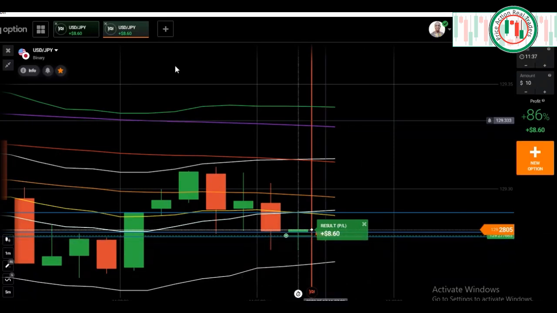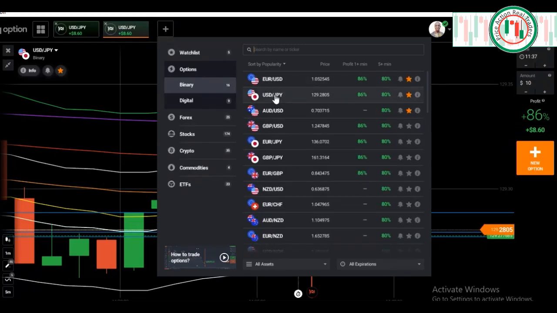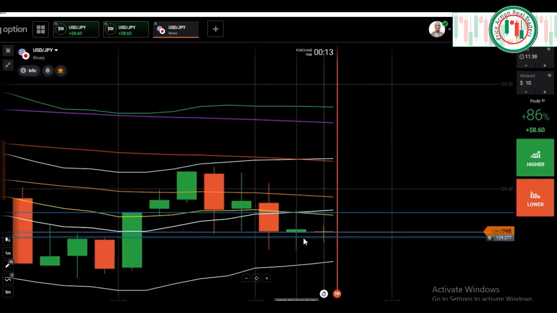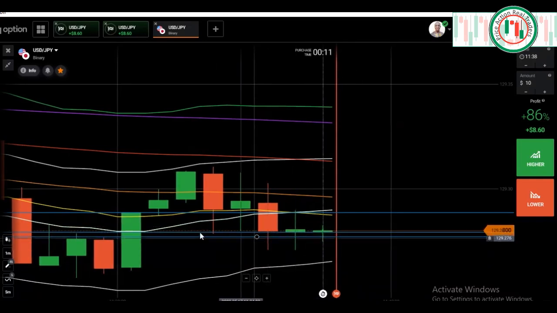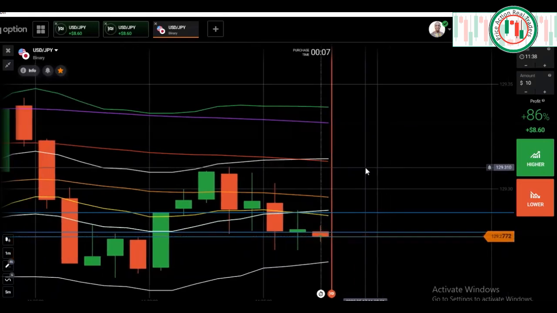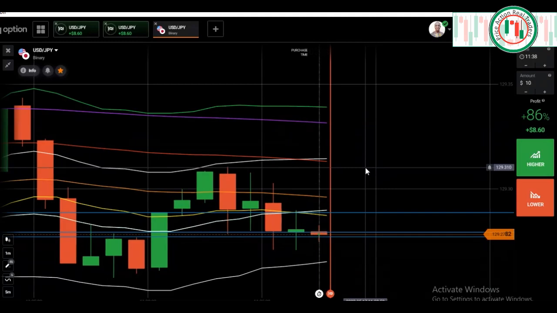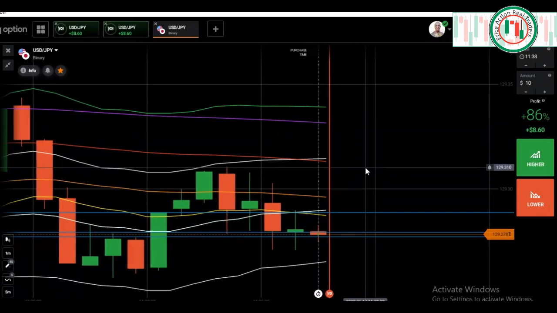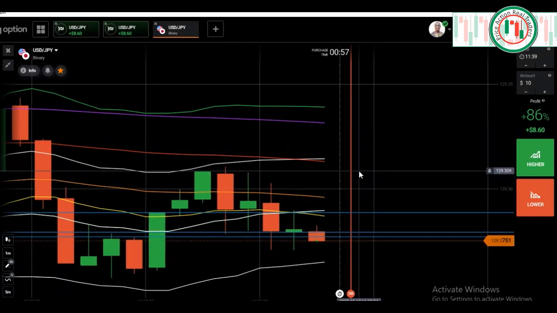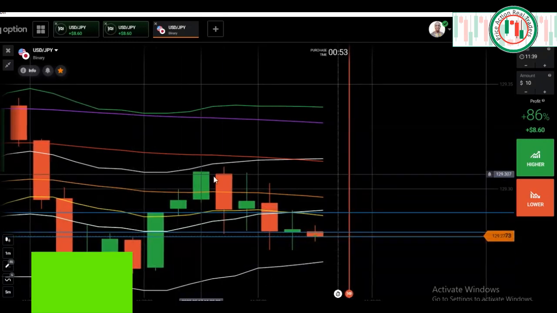So I will wait for the next candle here. I will wait. We are still at the zone. See, strong engulfing zone area.